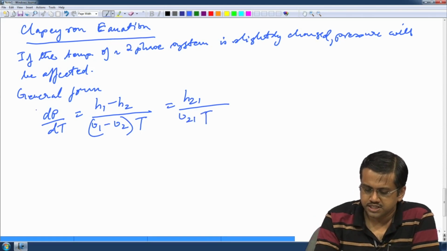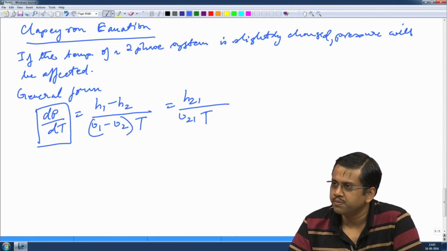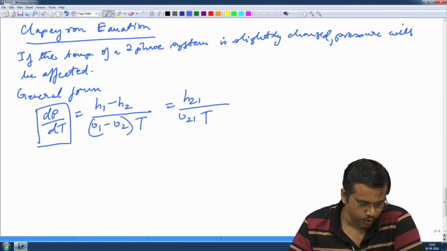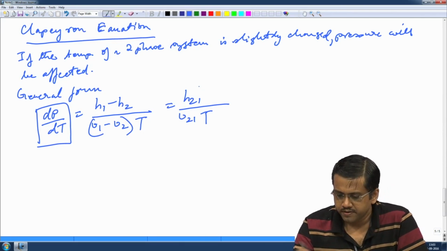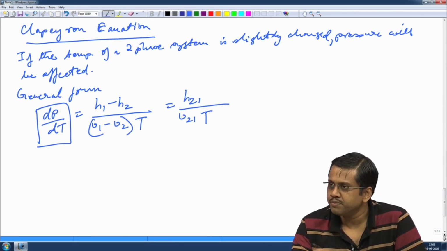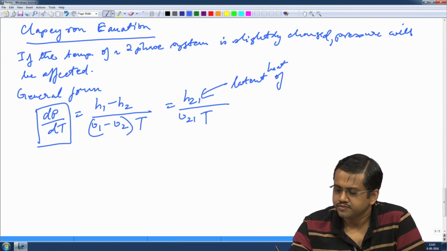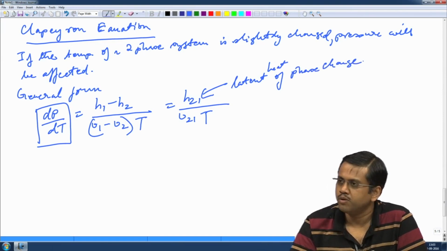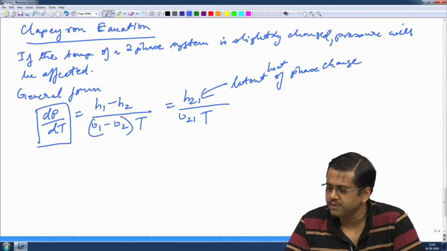So, the change in pressure and the change in temperature, essentially it is a slope. The slope is related to, that means this is the relationship between pressure and temperature, the latent heat of the phase change, that means the phase changes from 2 to 1 or 1 to 2, whatever that may be happening.